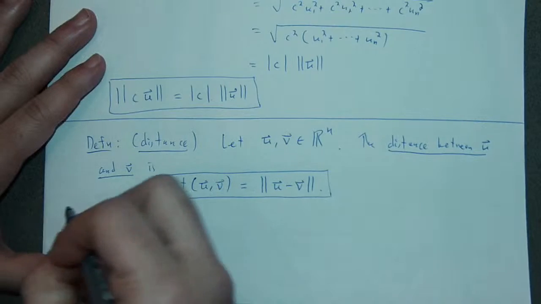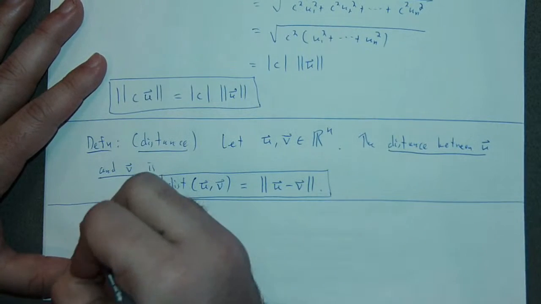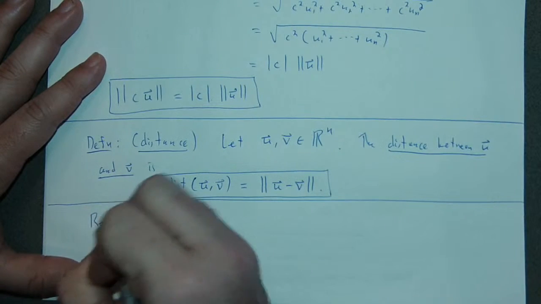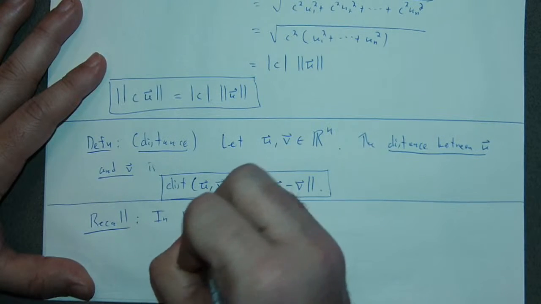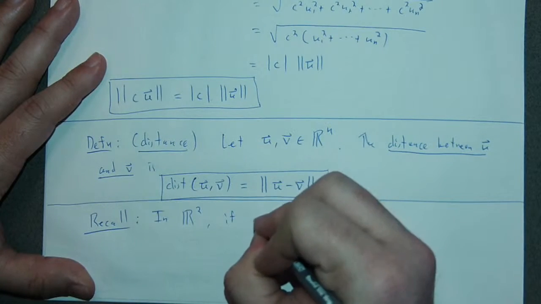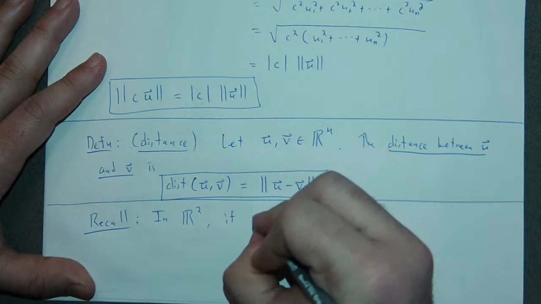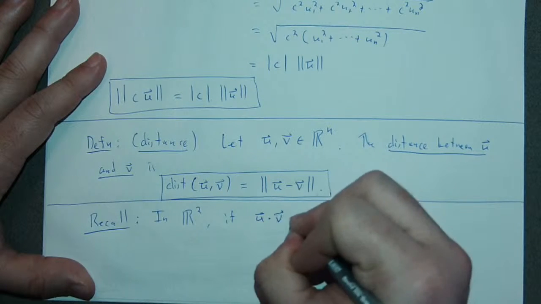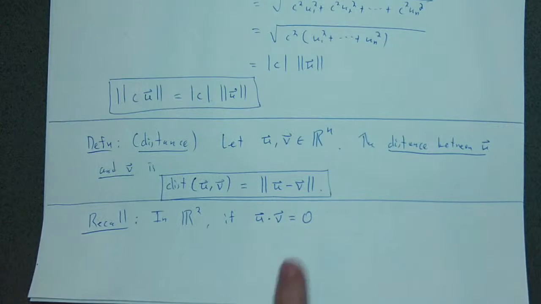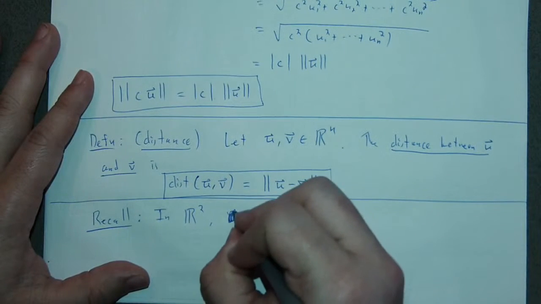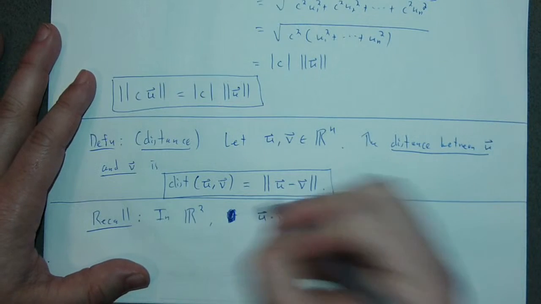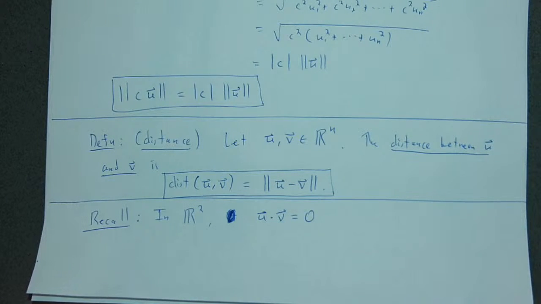Now, recall in R2, what if I have u dot v equal to 0?